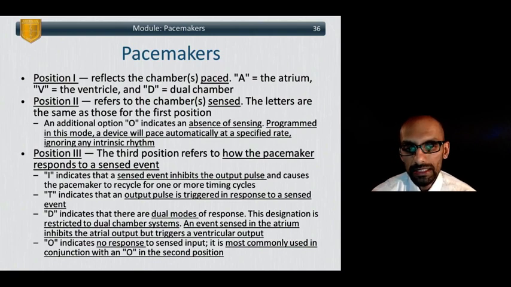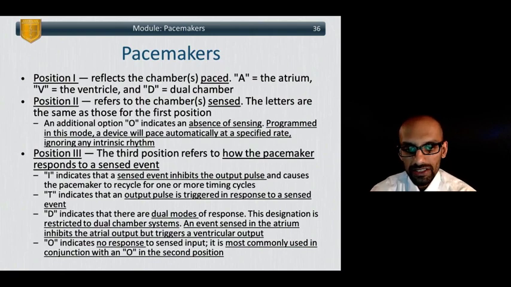So it will always be detecting the patient's native rhythm, and if it looks like everything's good to go, it'll inhibit the pacer. But if the patient trips up and there's too much of an AV delay or something, the pacer will do the work of pacing the patient. So that's essentially what the inhibit means.